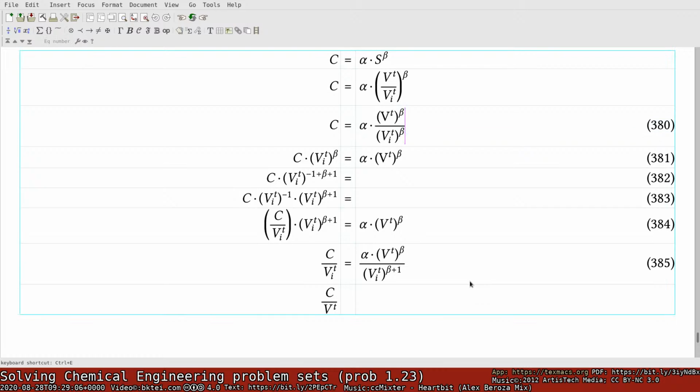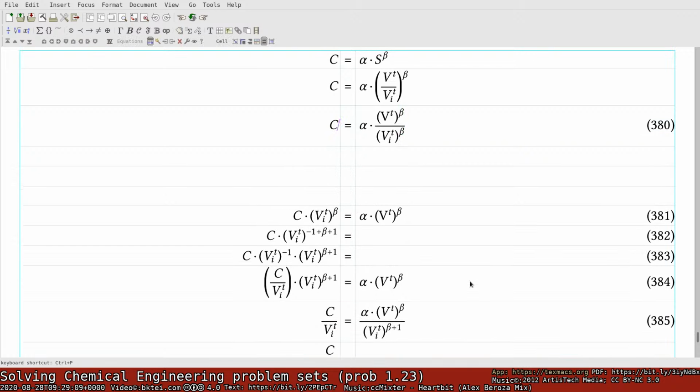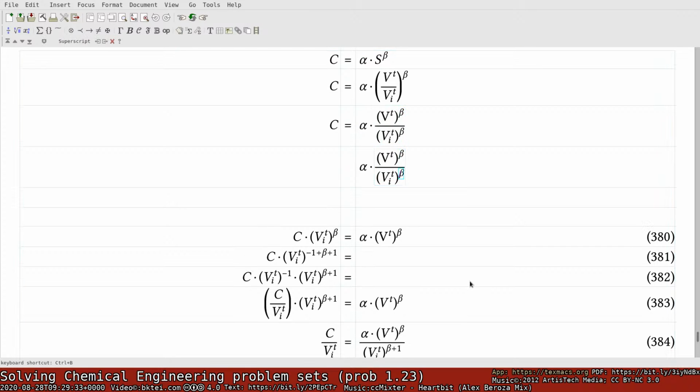Okay, let's try this again. So we split the exponent. And we want to get V, this guy, to the left side. So let's go ahead and, I feel like it'd be simpler if we just get rid of that denominator thing.